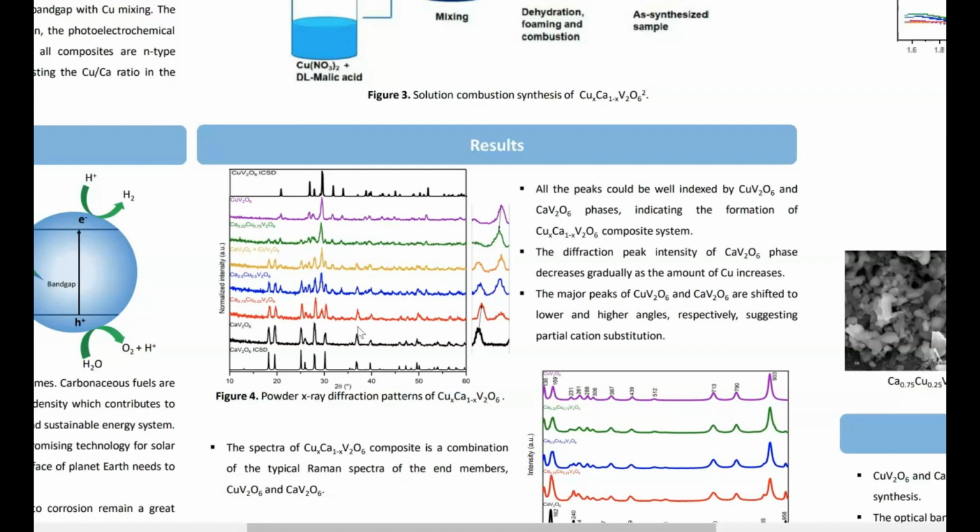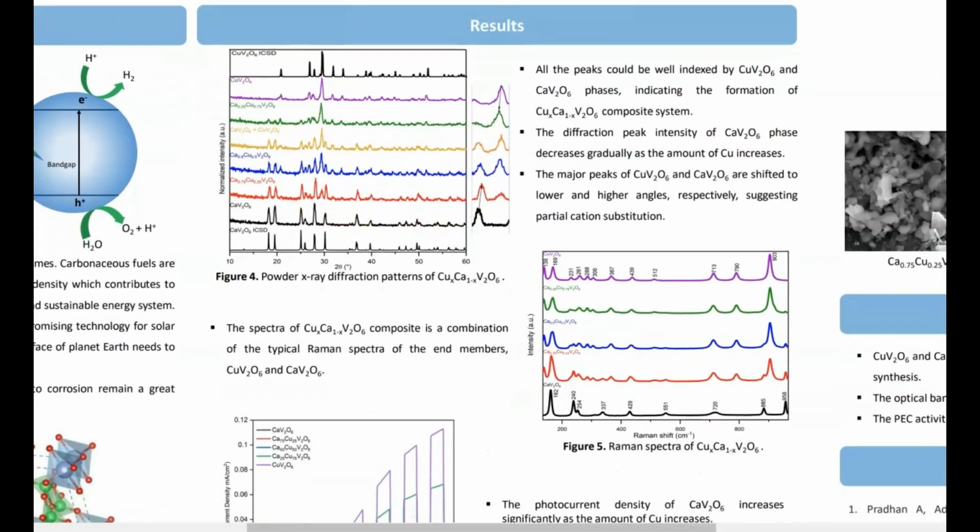Since all the peaks can be well indexed by CuV2O6 and CaV2O6 phases, we obtained a composite system, and also some solid solution system because of the shift of the major peaks right here, you can see, to higher angles, which suggests a partial cation substitution.